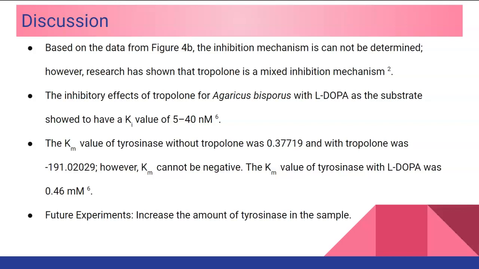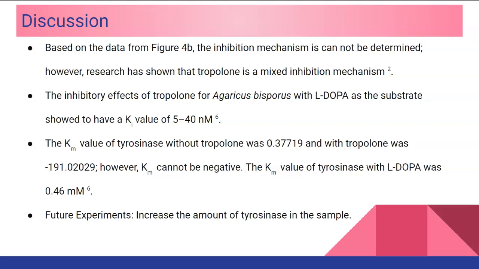With tropolone was a negative value. However, Km cannot be negative, just like I mentioned. The Km value from the research article with L-DOPA was approximately 0.46 millimolar, which is higher, as was expected, than without the inhibitor.